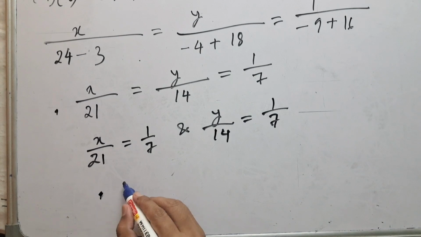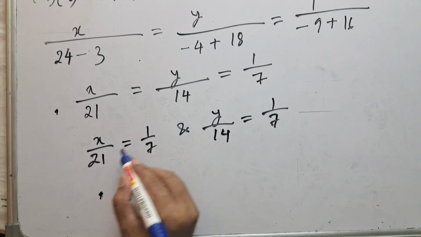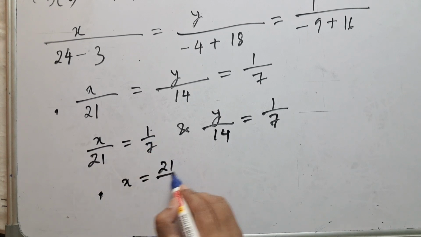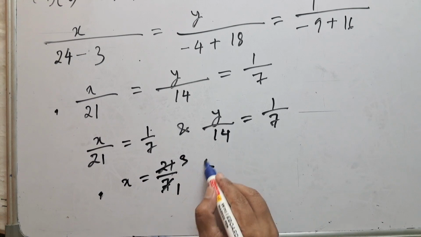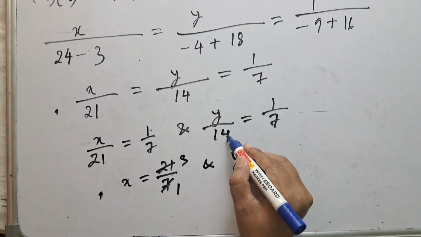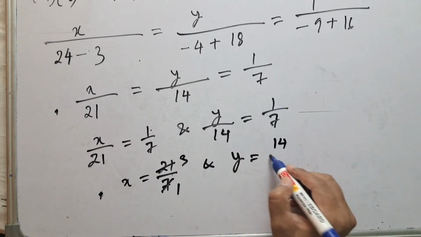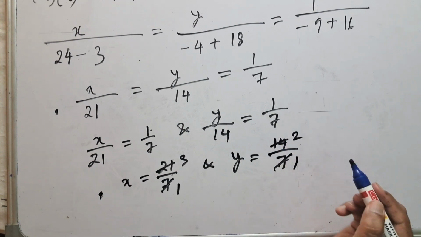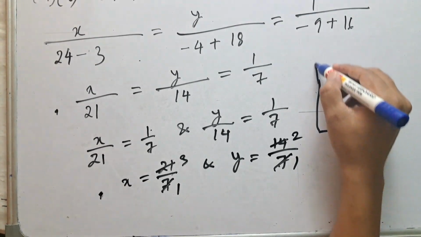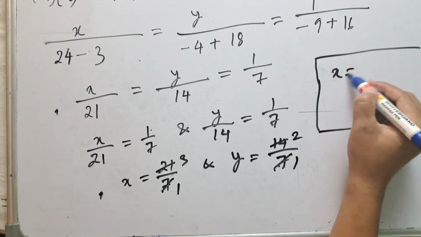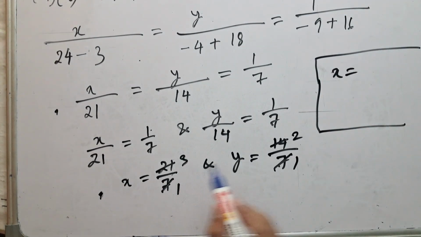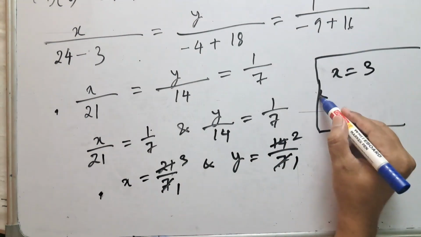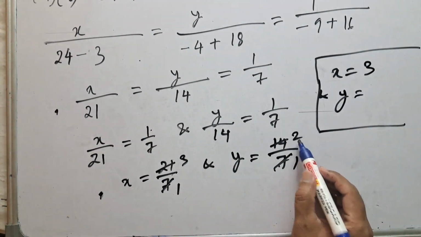Or x equal to, so 21 into 1, cross multiply, okay? 21 into 1 is 21 upon 7, so 7 1s are 7, 7 3s are 21, and y equal to 14 1s are 14 upon 7. 7 1s are 7, 7 2s are 14, isn't it? Therefore we got the values of x and y. X equal to 3 and y equal to 2.